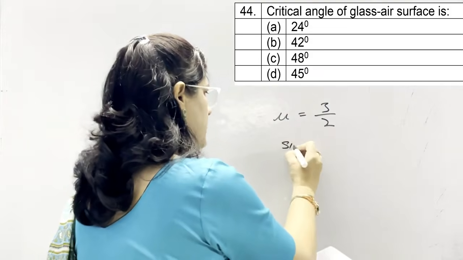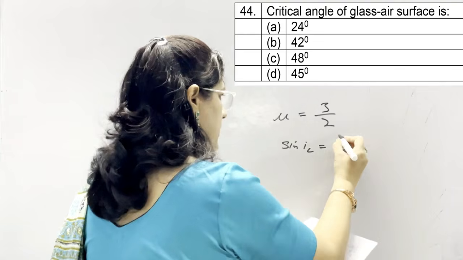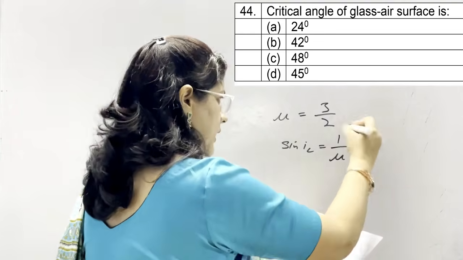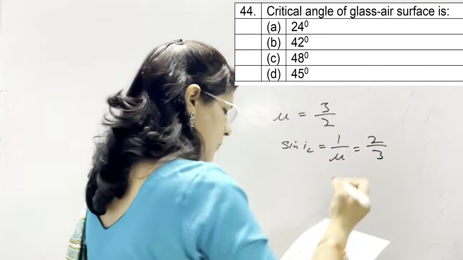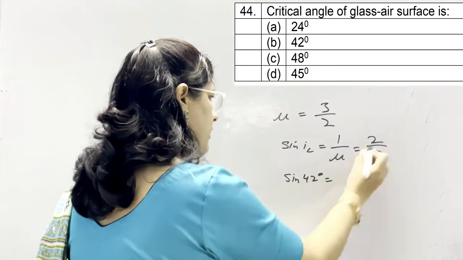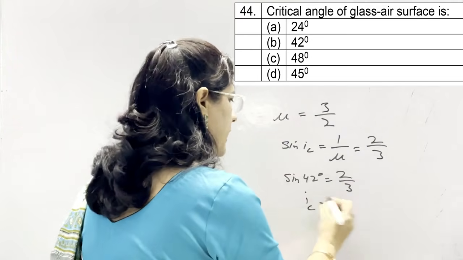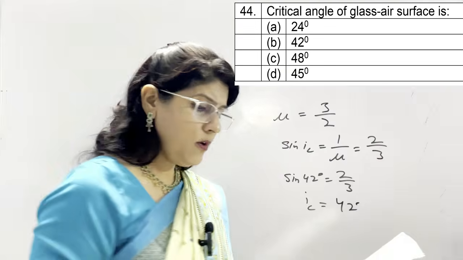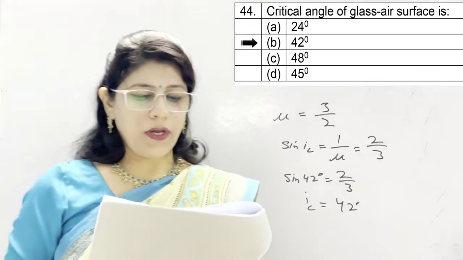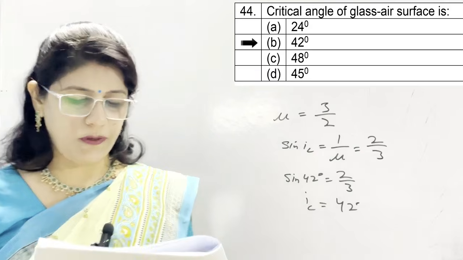So sine IC, or you can say cosec IC, if we take the reciprocal of this, here sine, so 1 upon mu, taking the reciprocal of this, it is 2 by 3. So now in the table of sine, 42 degree gives this value 2 by 3. So critical angle is 42 degree. So the correct option is B. Other options are 24, 48 and 45.